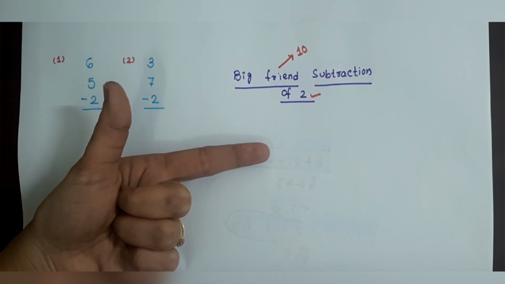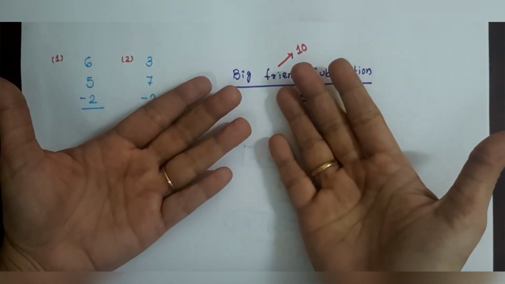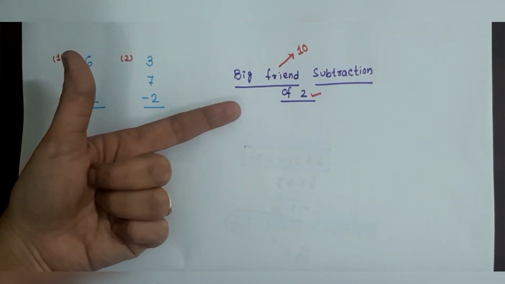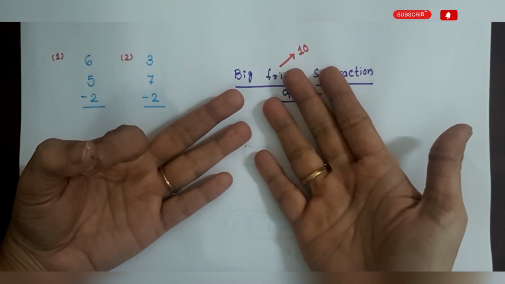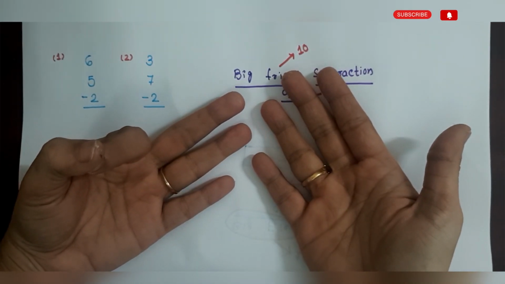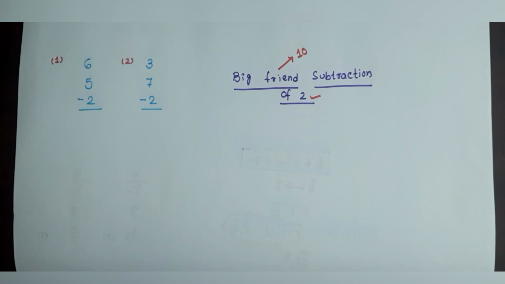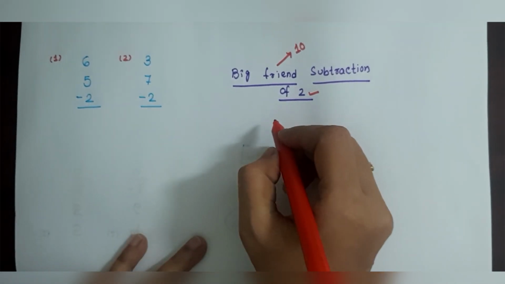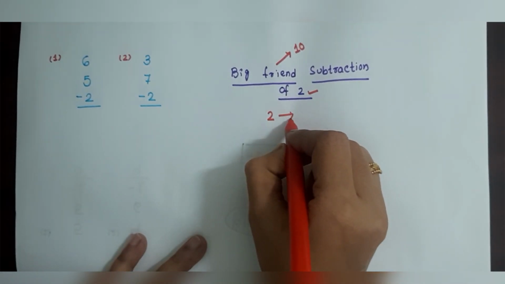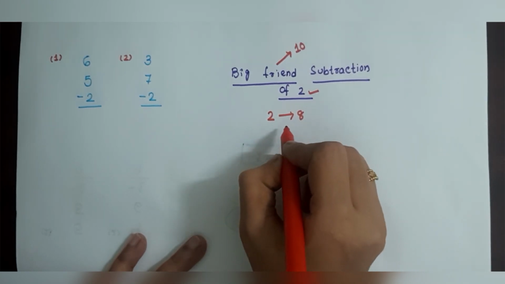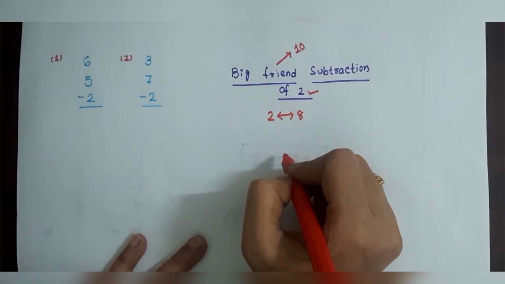How many more fingers do I need to make it 10 fingers? I need 8 more fingers. So 2 and 8 are big friends of each other. So the big friend of 2 is 8. 2 is the big friend of 8, and 8 is also the big friend of 2.